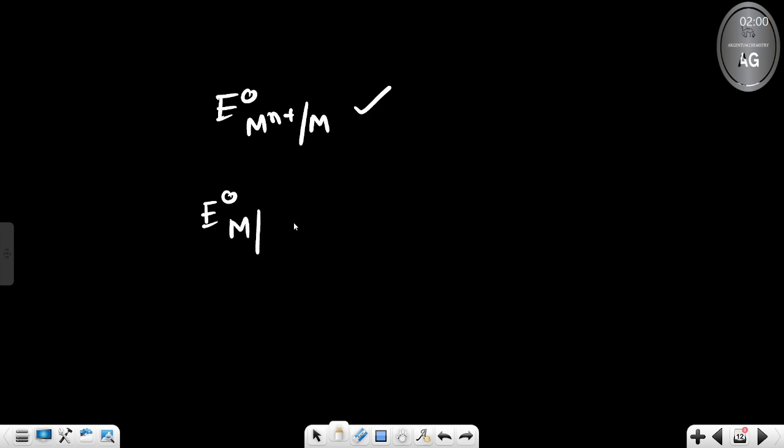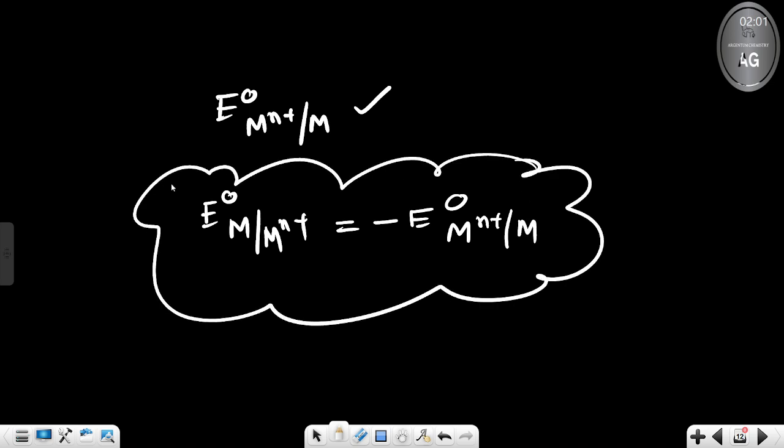then what will you do? If the question gives this, then this is not the accepted value, so I will have to first change it. So always remember that this is just equal to minus times of E of Mn+ to M. Clear? This is one of the important equations which you will use.